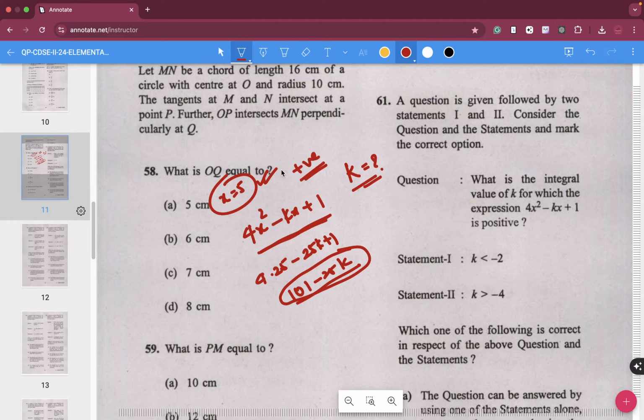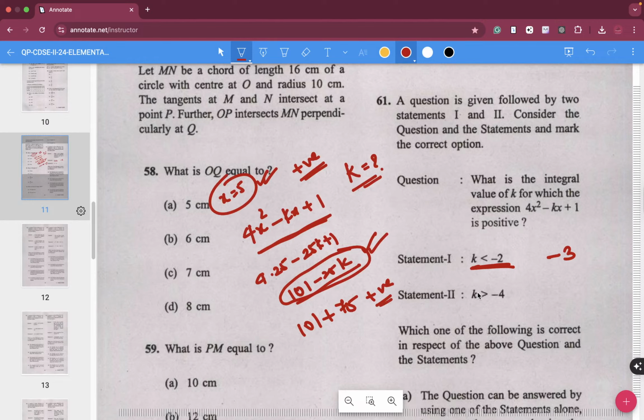Now can we still say whether this value is positive or negative? Statement 1 says k is less than minus 2. If I take k equal to minus 3, this is 101 minus of minus 75, which is absolutely a positive value.